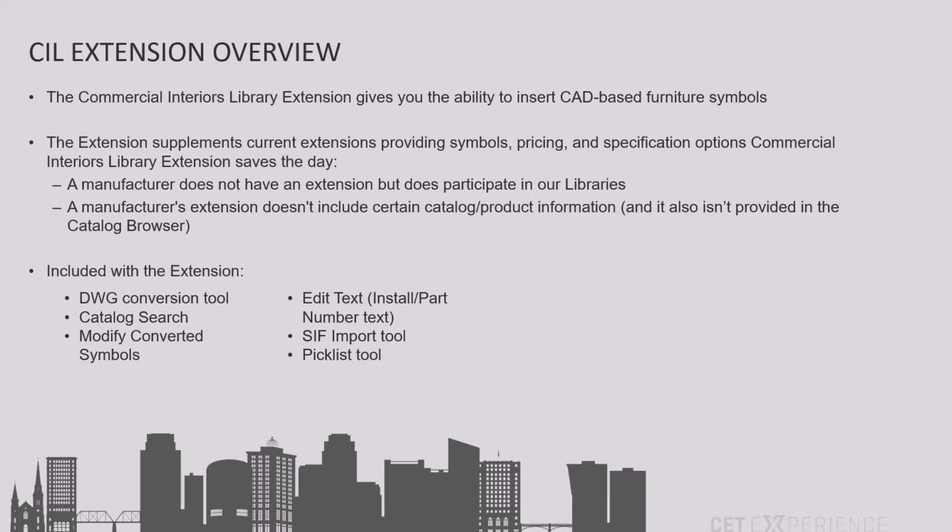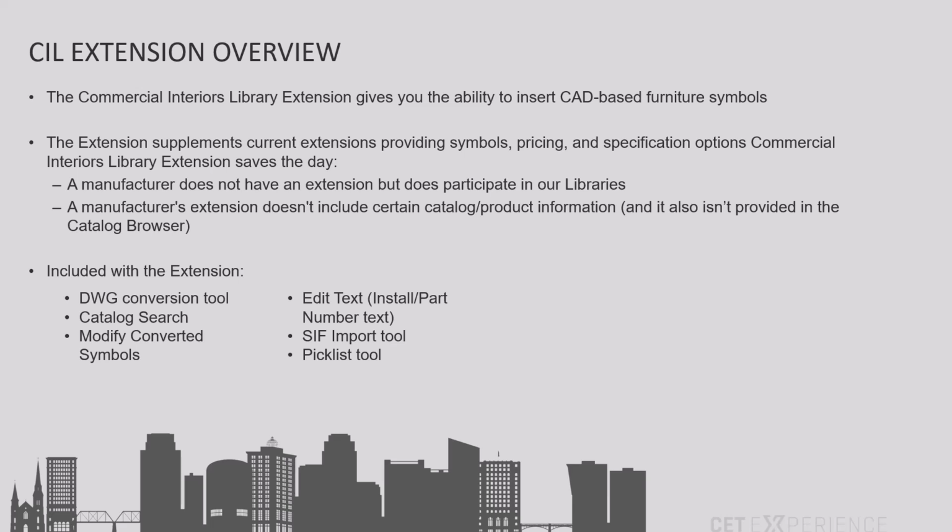Sometimes those manufacturers will provide that catalog information that's not in their extension with the catalog browser. However, if they don't, you will be able to find that product information in the library data. So not only is it a way for you to supplement your manufacturer database, it's also a way for you to supplement your mainline manufacturer database.